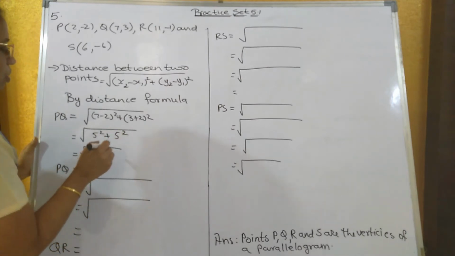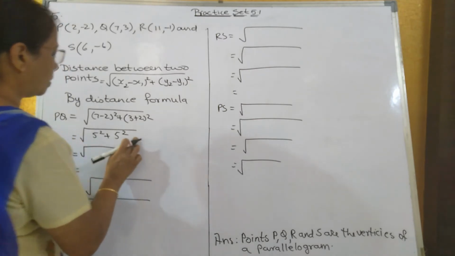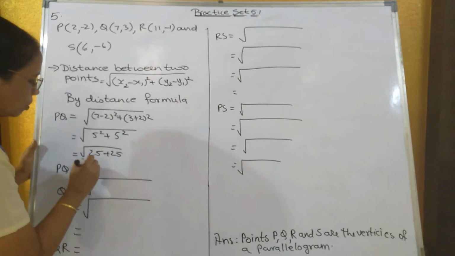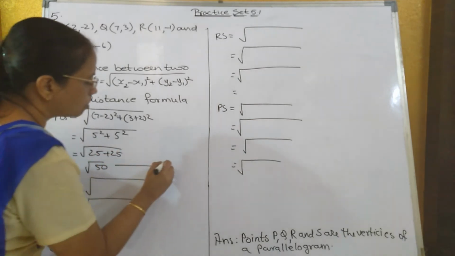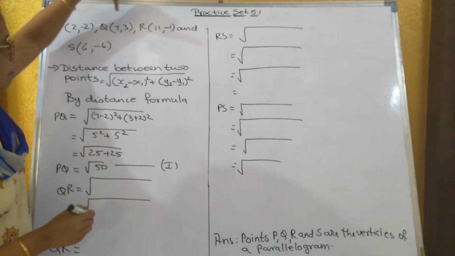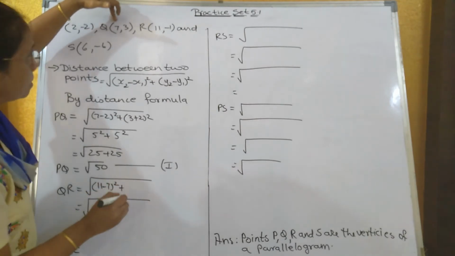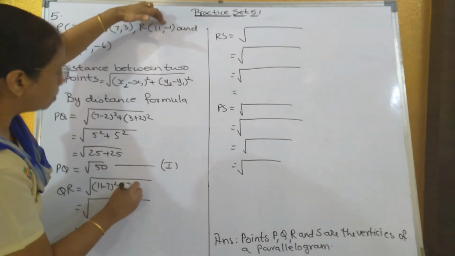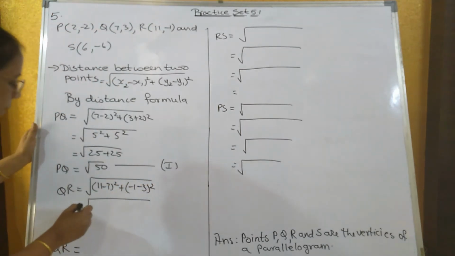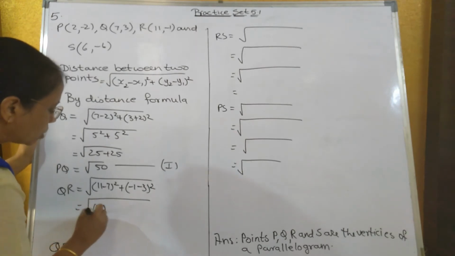That is equal to 25 plus 25, so that's equal to root 50. So let this be 1. Next QR: 11 minus 7 the whole square plus minus 1 minus 3 the whole square. 11 minus 7 is 4, the whole square.